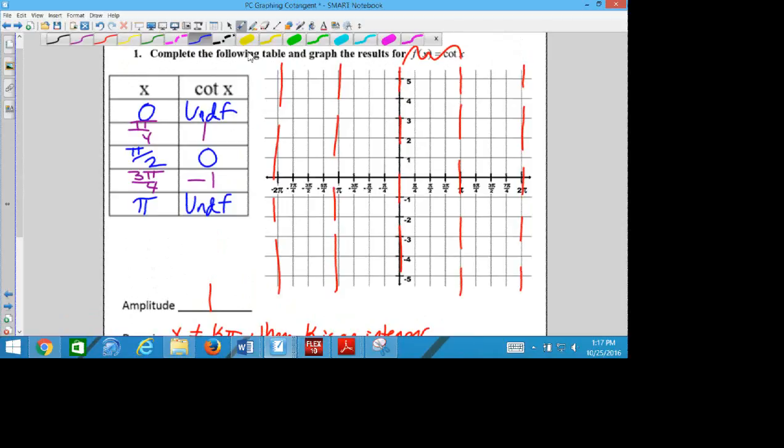We got pi over 4 as 1, pi over 2 is 0, 3 pi over 4 is negative 1. I've had some conversations with certain individuals about connecting them. You want to think about the center point kind of being like a vertex on a parabola, and draw half of a parabola. It's not a parabola, but it's kind of like it.